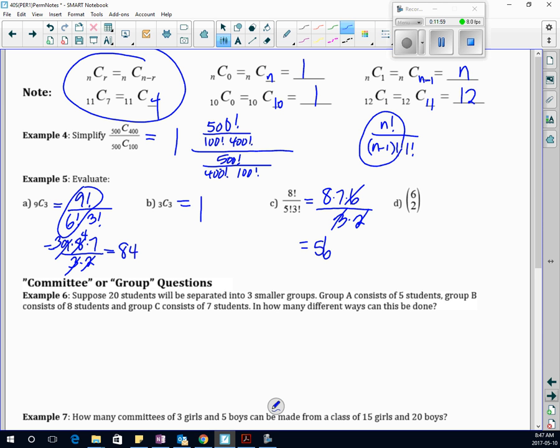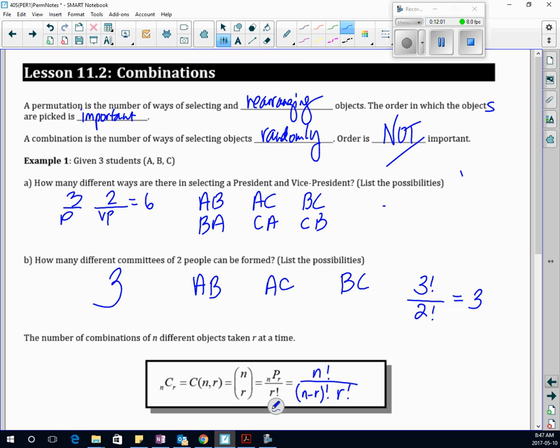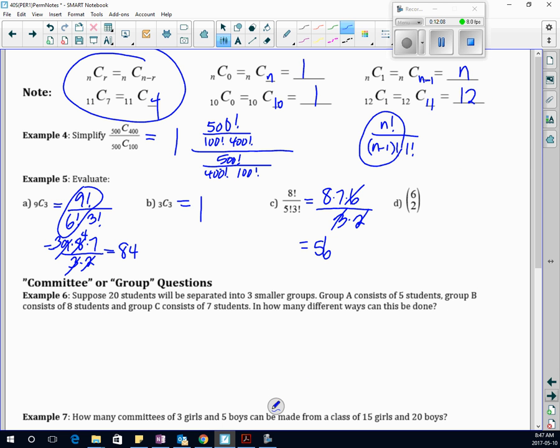If we look back to the formula for combinations, do you see you can also write it like that, right? So this would be 6 factorial over 4 factorial 2 factorial. So that would cancel to be 6 times 5, and the 2 factorial would just be a 2. So that would be a 15.